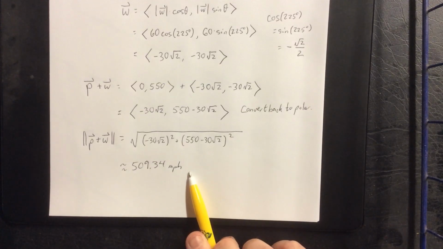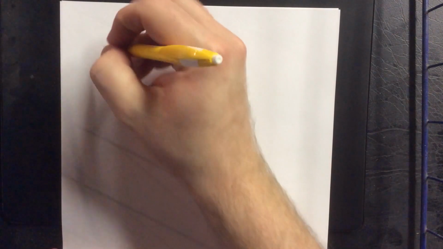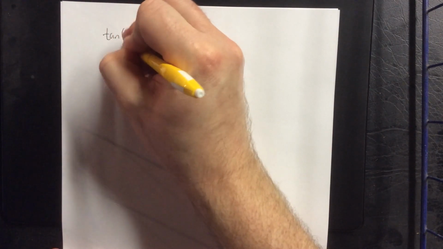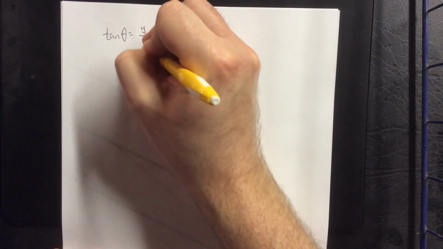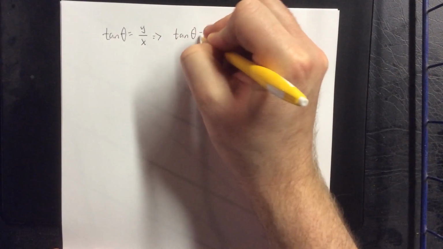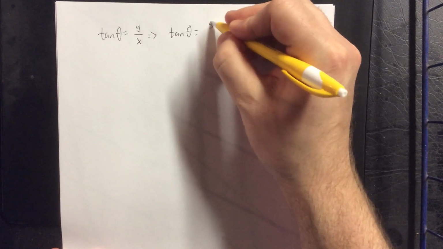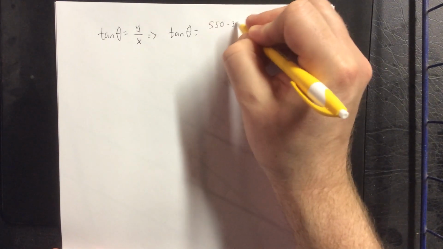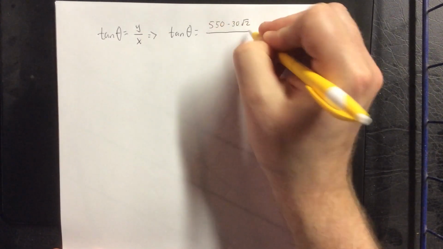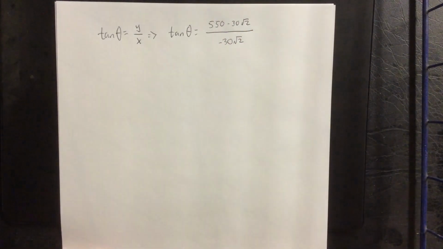Next thing for us to take care of is going to be the direction. Now with that in mind, we are going to borrow something from polar coordinates, and it is that the tangent of theta is equal to y over x. Or in this case, the tangent of theta is going to be the vertical component, 550 minus 30 square roots of 2, over the horizontal component, which was negative 30 square roots of 2.